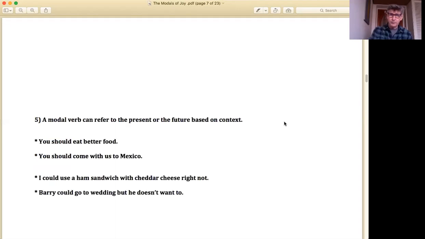And another thing I always tell everyone is that a modal verb is not really a verb that you conjugate and it goes into the past tense or into the future. You don't change the verb. If we have the verb eat, eat can change into ate or eaten or was eating or am eating or will eat.